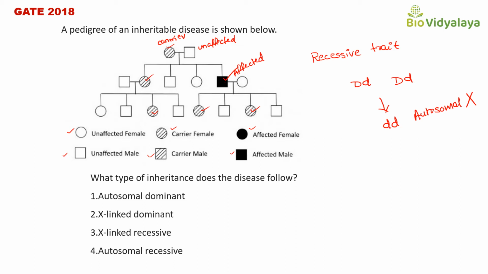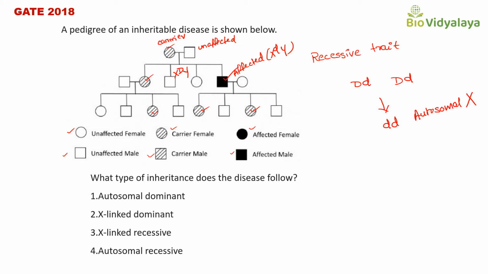So we can represent the affected male as XdY and the normal male as XDY. This is a recessive trait, or X-linked recessive trait.